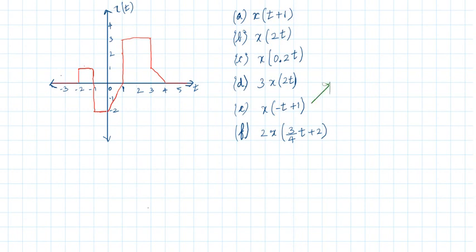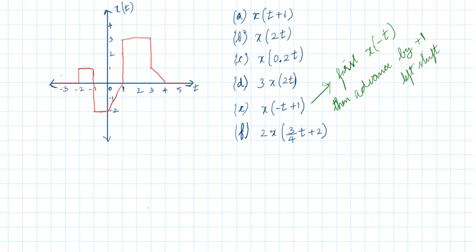The first operation should be to find x of minus t. Then with this answer, you advance by plus 1. Plus 1 means left shift.